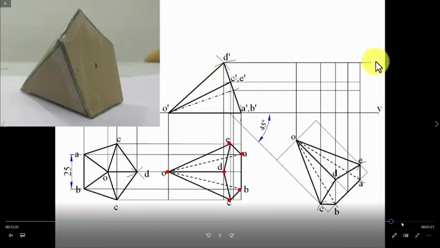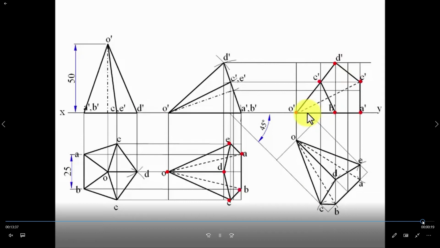Here you identify these sides, C dash and B dash, D dash, A dash, E dash. This point is the O. In this way, now you join all the points. That is the pentagonal pyramid.